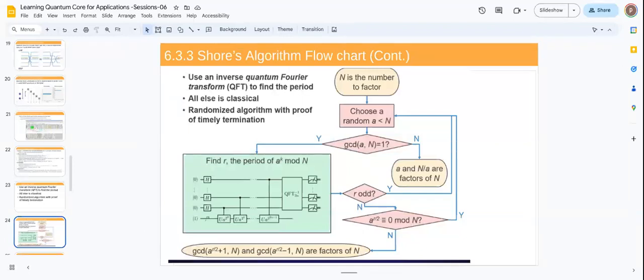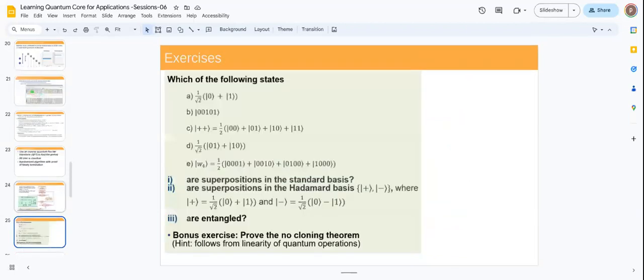We can only touch the surface of it. We really can't do detail, but it is important to understand that there are many algorithms, and they all depend on each other. One exploits the other, and the periodicity from the QFT is used by Shor's for determining the prime factor.